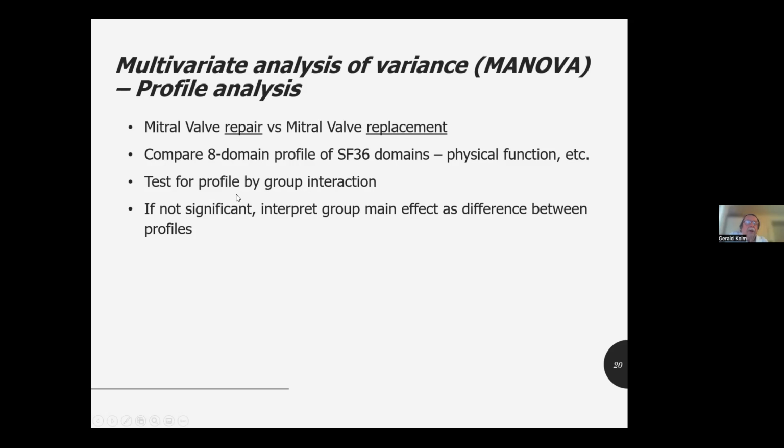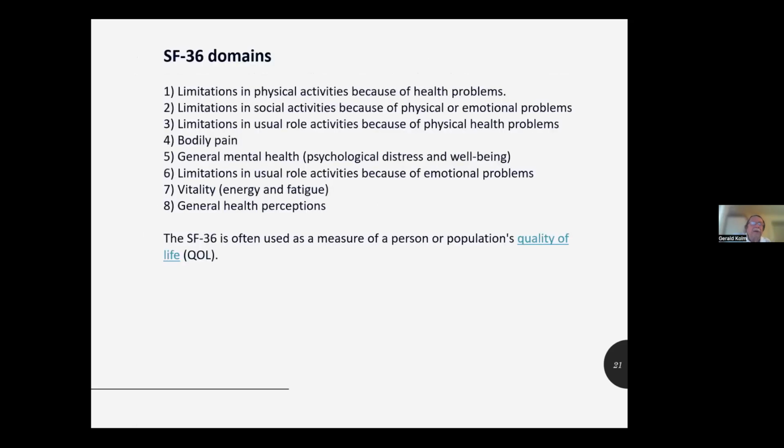And basically what we do is we test for the interaction between profile and group. And if it's not significant, then we can interpret the group main effect as differences between profiles. These are the domains of the SF36, measuring different things related to physical, social activities, general health, pain, and so on.